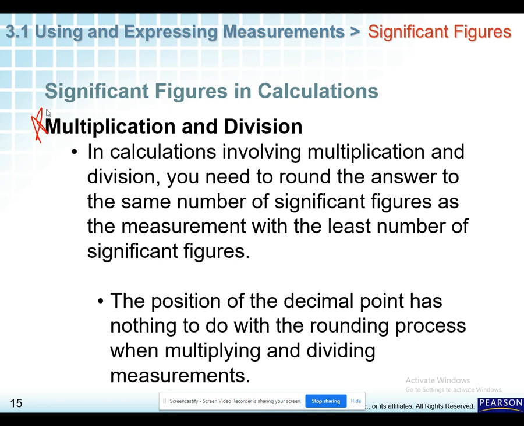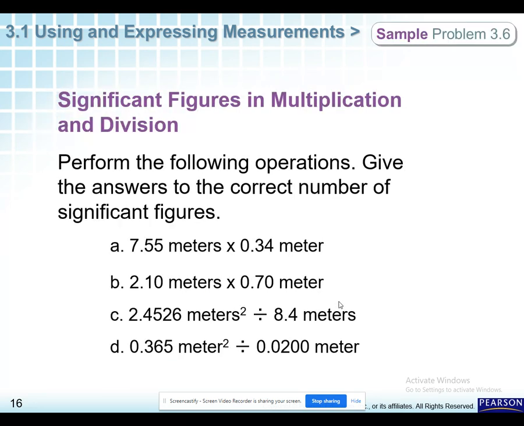Instead of by decimal places, multiplication and division does it by the least number of sig figs. So the position of the decimal point has nothing to do with it when you multiply and divide. Let's look at the following examples, and we're going to go through them step by step like we did on the last one.